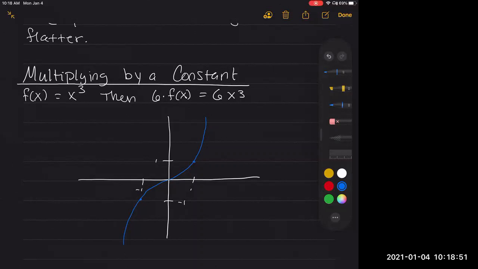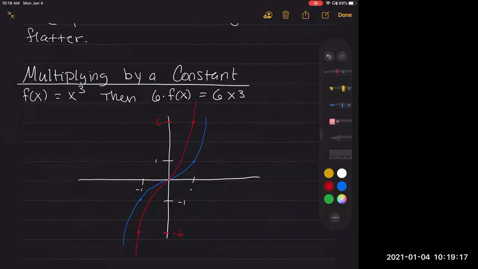So if we multiply by 6, that means the graph is getting stretched a little bit. So we're going to say this point is 6, and this point is negative 6. It's not perfectly to scale, but it will work just fine for the idea of how the graph works. So here, our graphs get kind of stretched up.